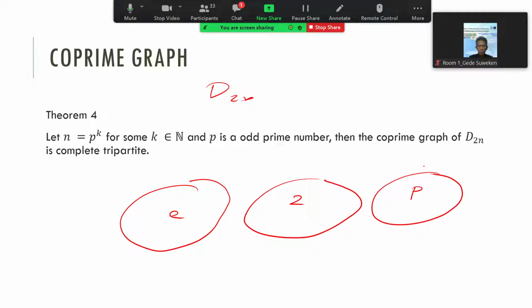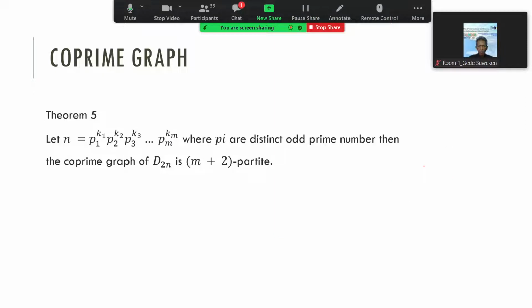And the fifth theorem: if n is the prime factorization p1 to the power k1 up to pm to the power km, and pi is a distinct odd prime, then the coprime graph of D to n is m plus 2 partite. How to prove it? It's quite easy.